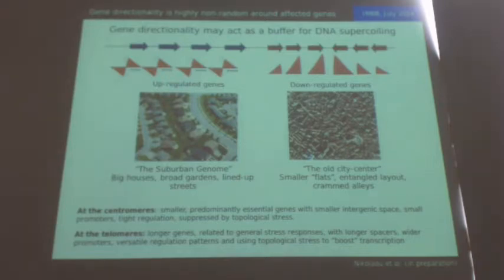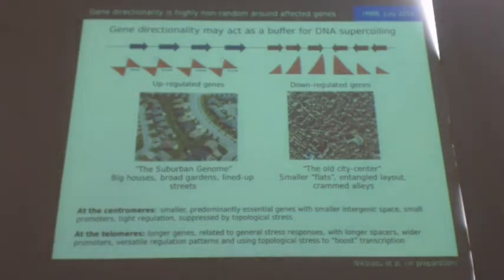They have to have a very strict regulation because there is no room for transcription factors to bind, and also there is actually no layout. You have genes like this, like this. The direction is not, let's say, laid out in a way that allows for the dissipation of supercoiling.